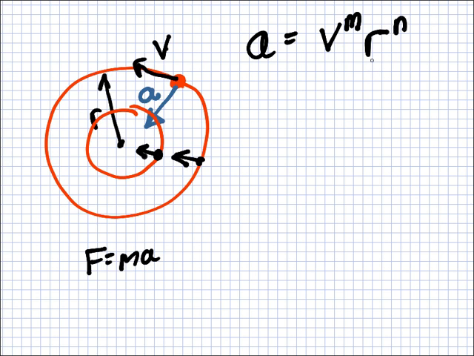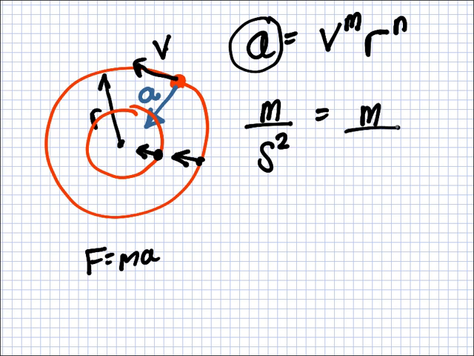All right. Now the way we can figure out the m and the n is by looking at the units. What is the unit for A? Meter per second squared. What is the unit for V? Meter per second. I don't want to use m because that's confusing, so I'll use c. c and c here. And what's the unit for r?